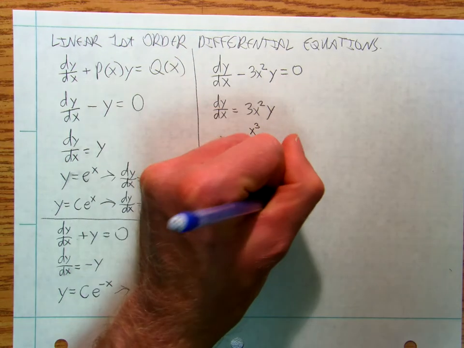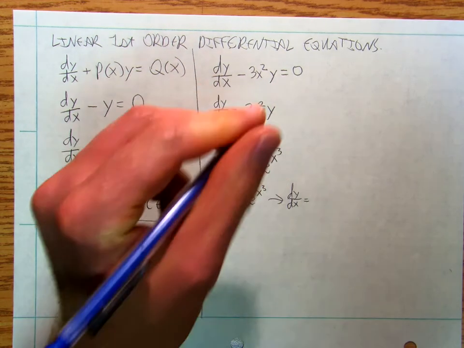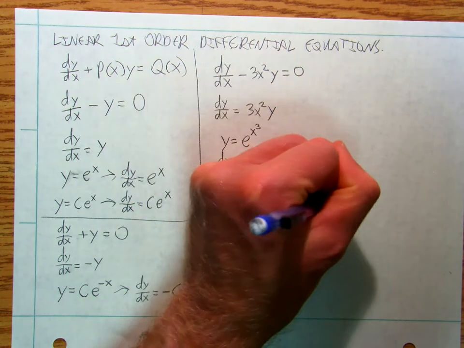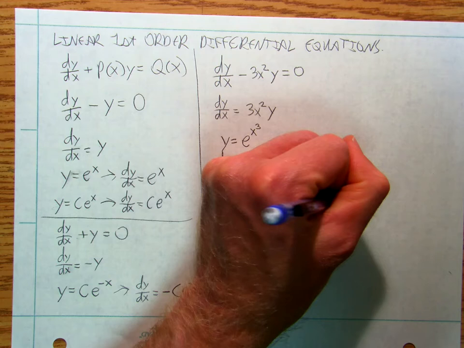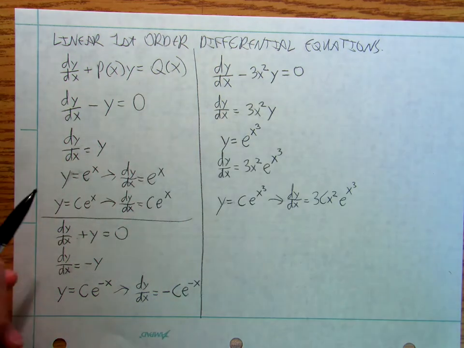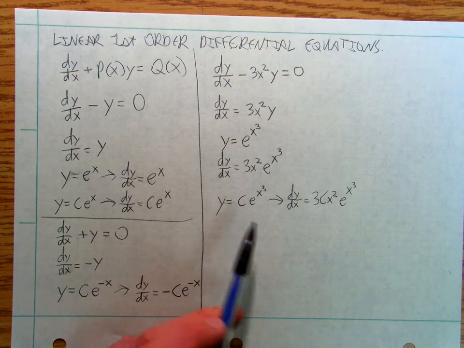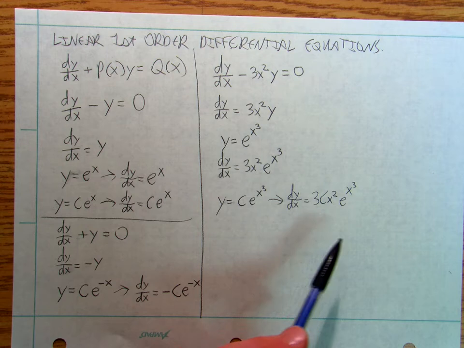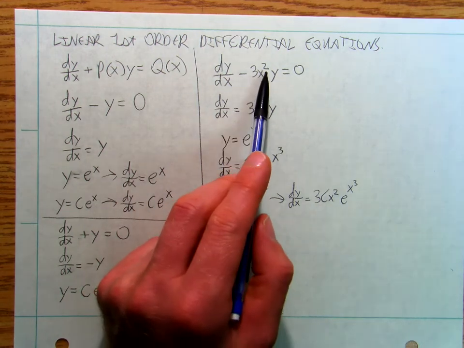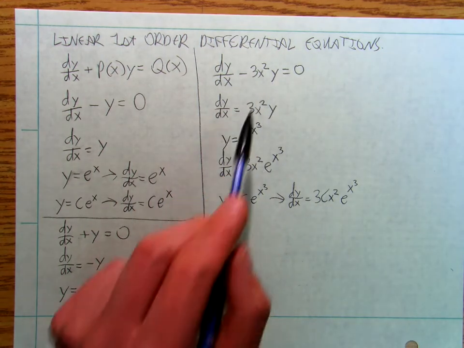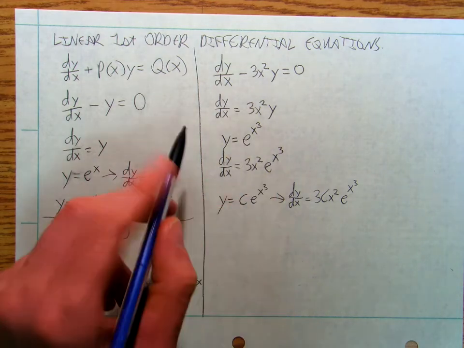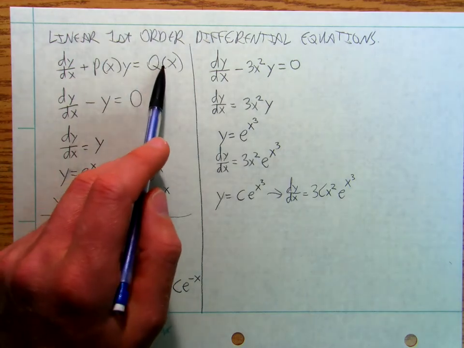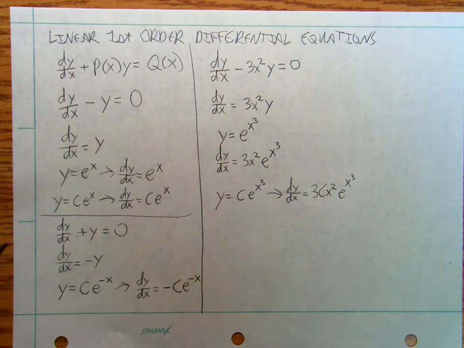And then that goes dy/dx is equal to 3c x squared e to the x cubed. And then once again, if I do this minus 3 times x squared of this, I should get equal to 0. Now, I've sort of been messing around here. Because my q of x has been equal to 0, these have actually been separable.